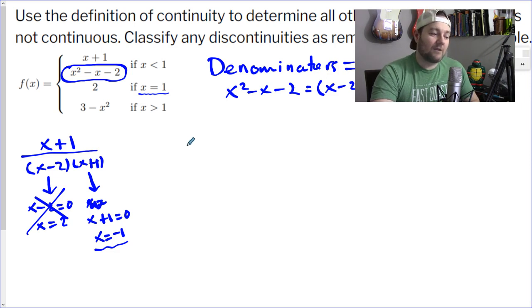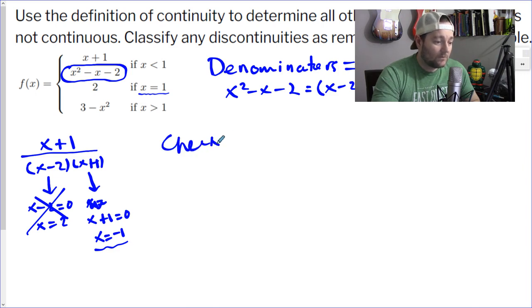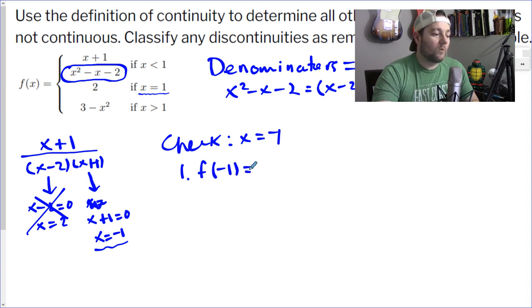Is it actually there? So for example, x equals -1. That is in this interval. X is less than 1. So we need to check it. So we're going to check x equals -1. And we'll go ahead and do the first step, f of -1. And I'll show you why I love to do it this way.